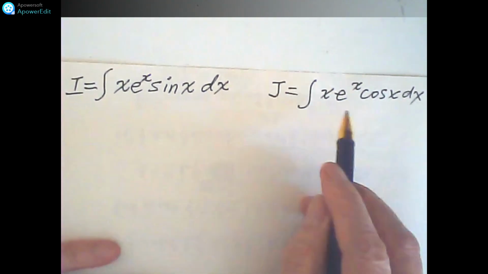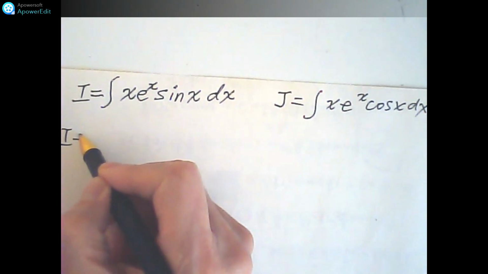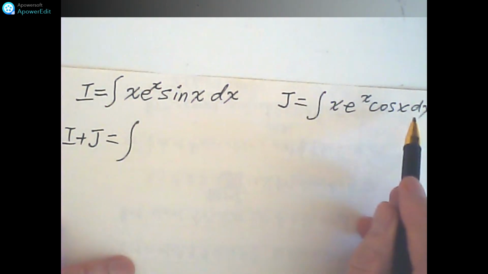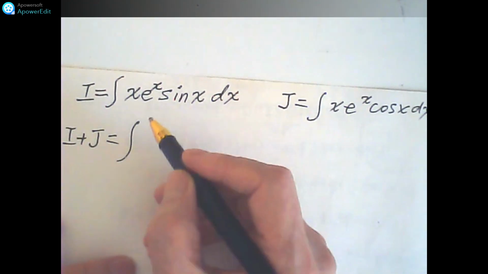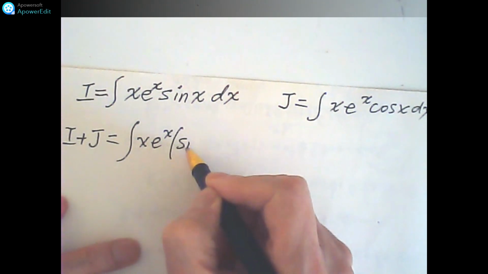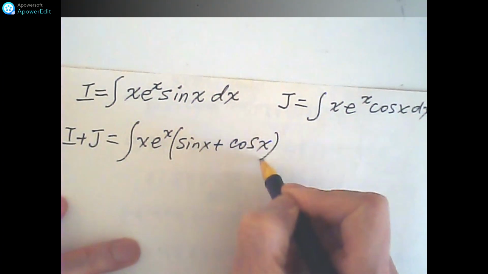Okay, these are two integrals. Then I plus J, this plus this one, right? They have a common factor, which is x e to the x multiplied by sine x plus cosine x dx.